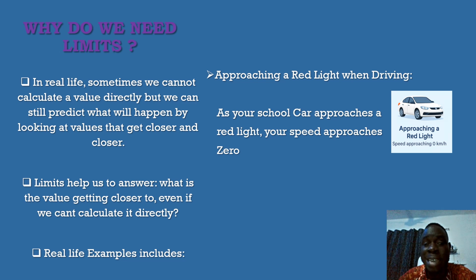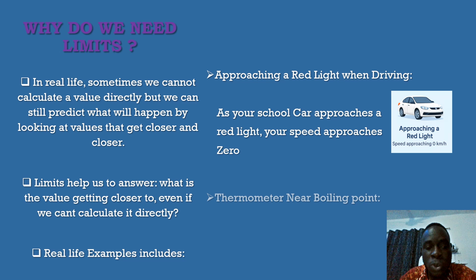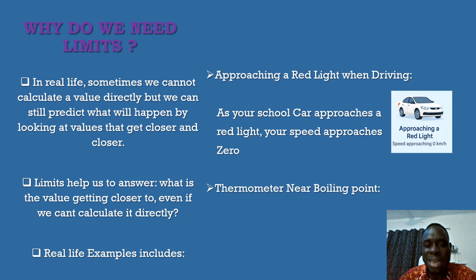Automatically, when it is getting closer to 0, it means the car is coming to a stop. So the behavior of the car when the speed is getting to 0 means that the car will eventually come to a stop.